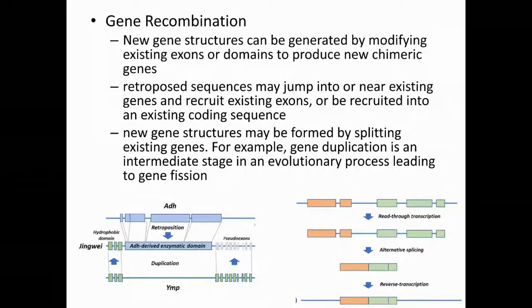Or you can have gene recombination, so that you can form a chimeric gene. For example, this one is a Junwei gene. Basically, you have this piece coming from ADH, and these pieces come from the YMP. So this is called gene recombination.